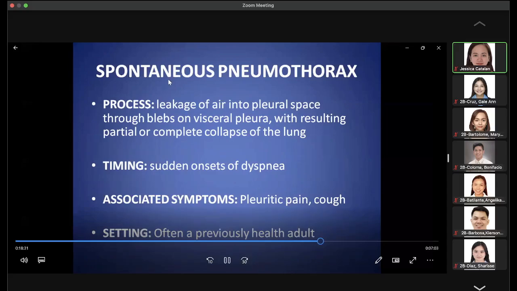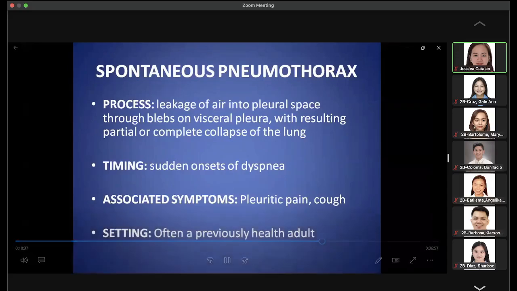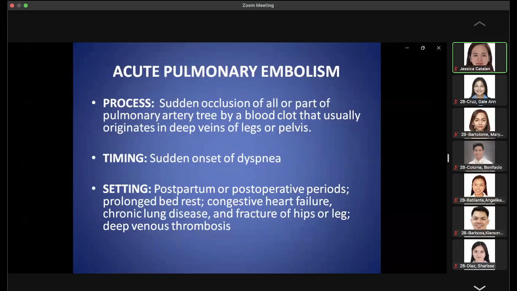Associated symptoms are pleuritic pain and dry cough in a setting of a previously healthy adult. So a sudden complaint of difficulty of breathing in a 20-year-old male, then you can entertain spontaneous pneumothorax.